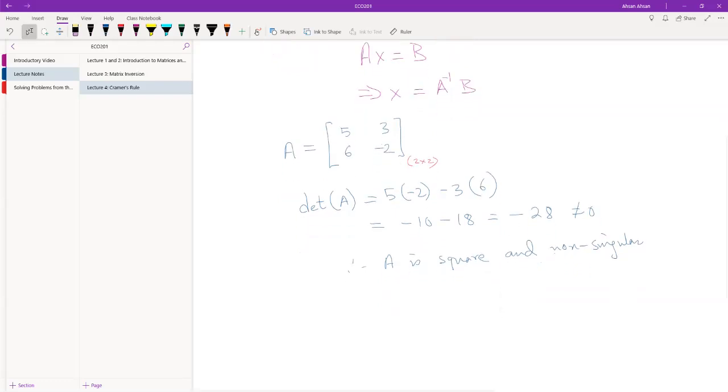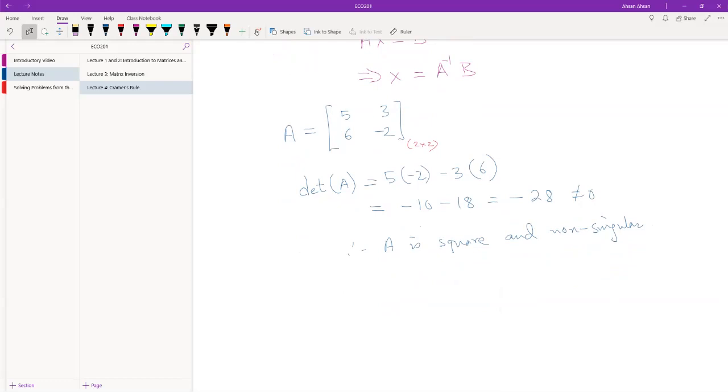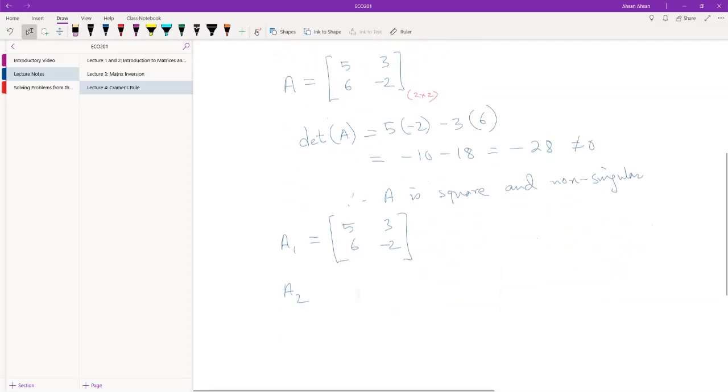Okay, now we're going to do something different. We have matrix A. We are going to construct matrix A1 and matrix A2. So let me write the matrix A. We have 5, 3, 6, minus 2, and here again, 5, 6, 3, minus 2.